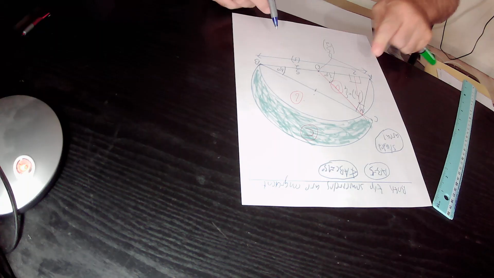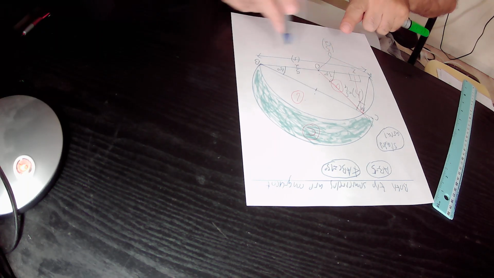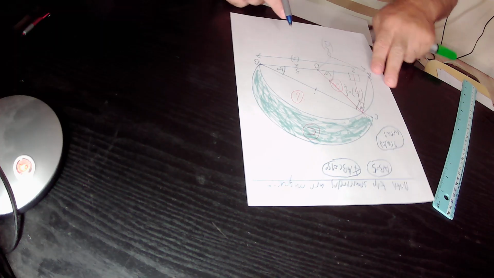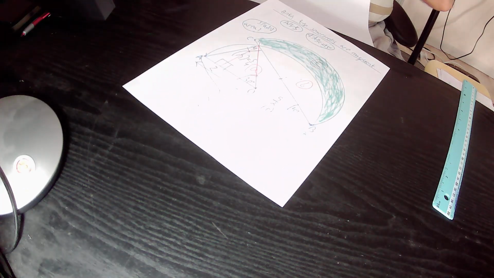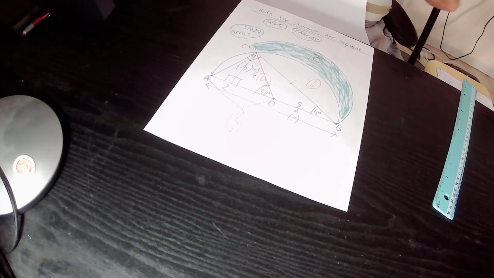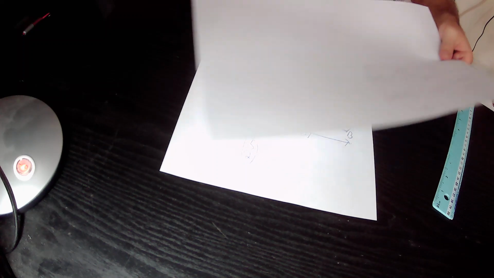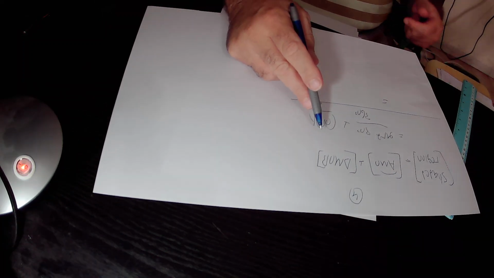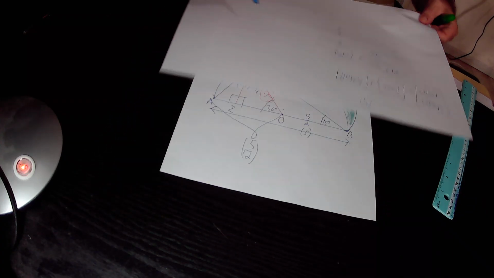So the base OB of triangle BOM is equal to 5 halves. So the area of triangle MOB equals the base OB, that is 5 halves, times the height H.